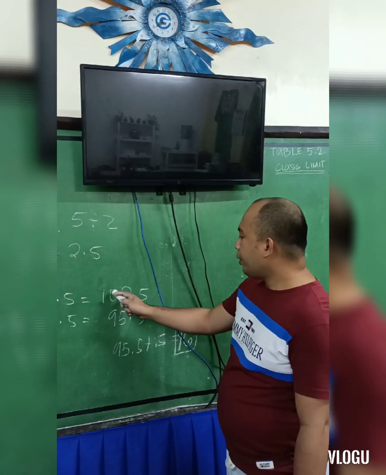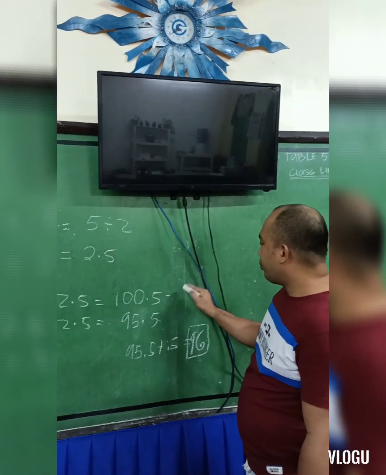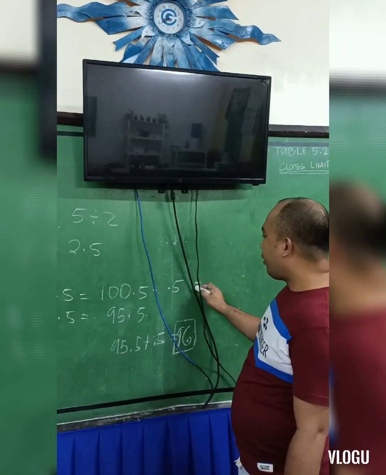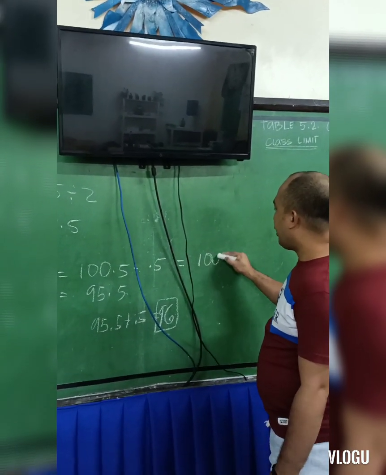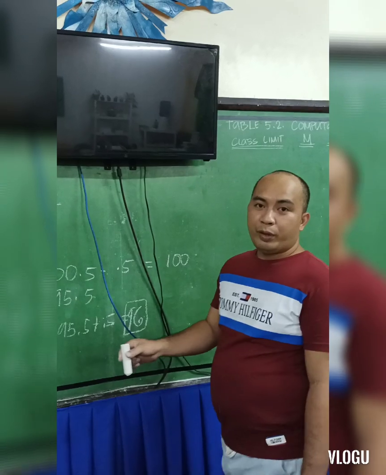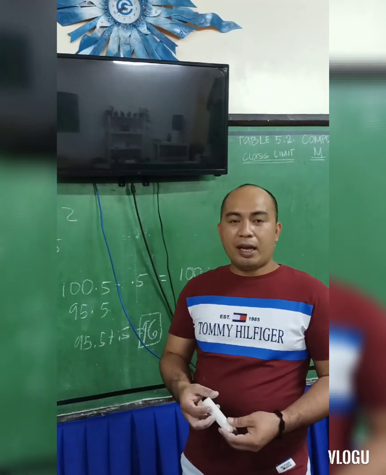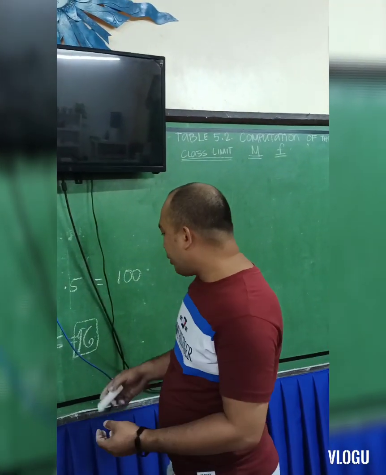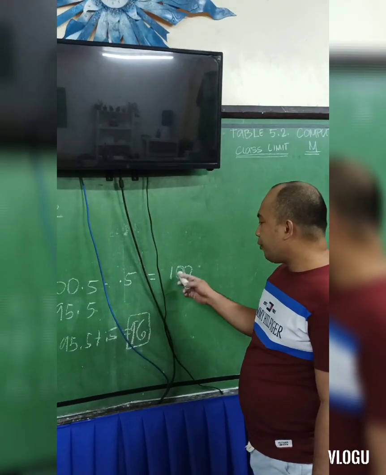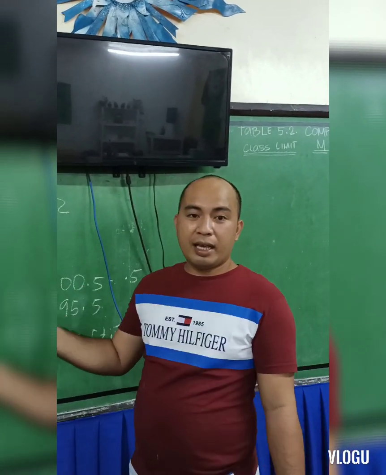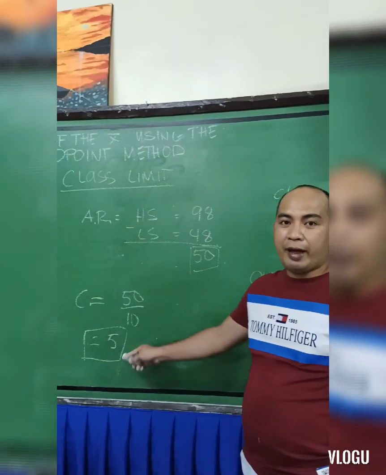Next, 100.5 minus 0.5 gives 100. Now we have already established our class limit with the class interval of 5.